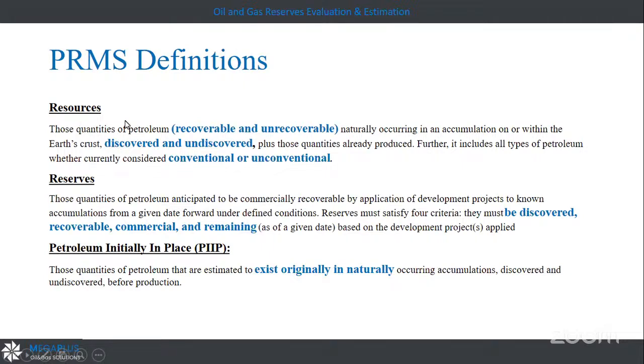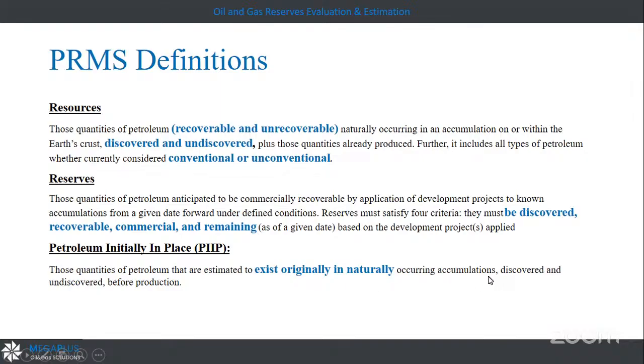When we talk about resources, as we said, they can be recoverable and unrecoverable, discovered and undiscovered, conventional or unconventional. When we are talking about reserves, they must be discovered, recoverable, commercial, and remaining. When we talk about petroleum initially in place, it is the hydrocarbon that exists originally in nature, according to the accumulation in the reservoir.